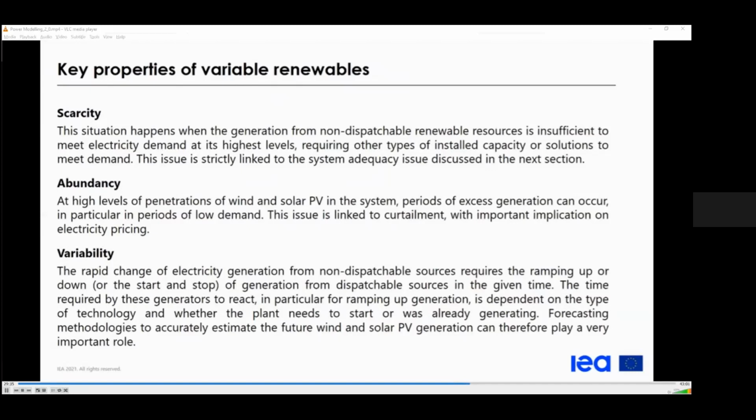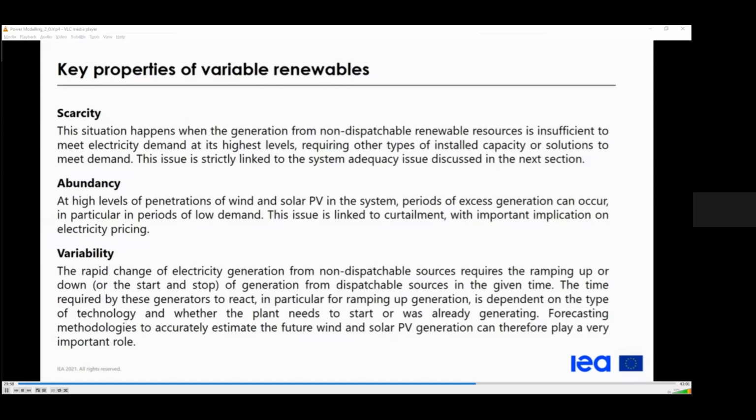The second point, abundancy, is the opposite. It's when we have too much generation, too much output from wind and solar PV in the system, which leads to excess generation compared to demand. We saw an example earlier with the European Union.